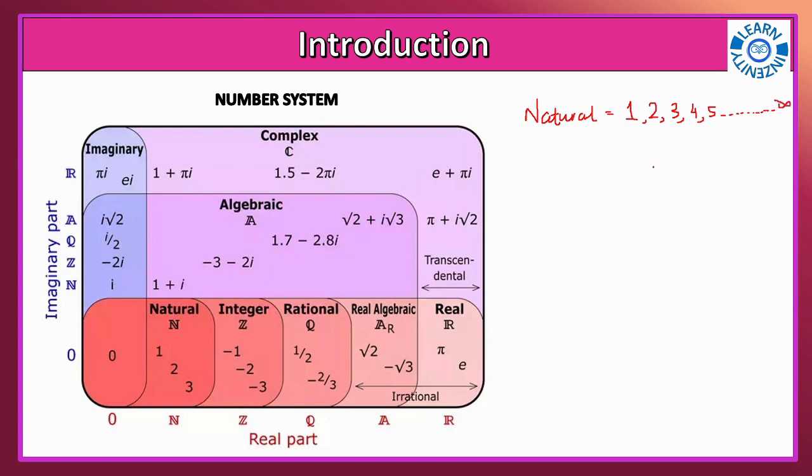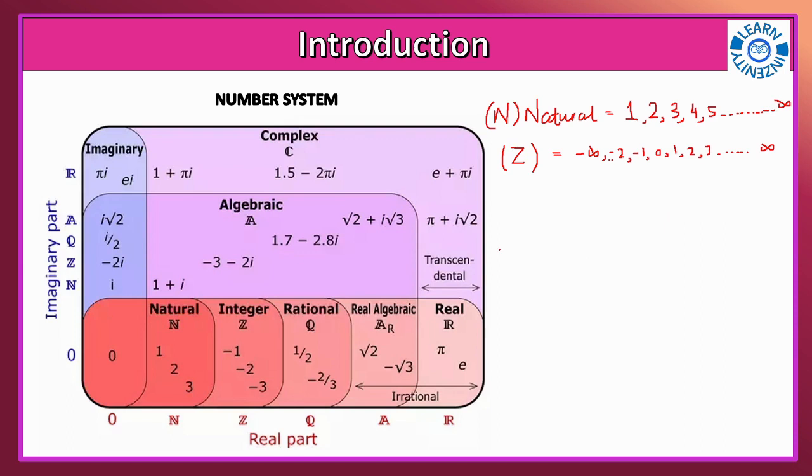So this is the natural number system, which we represent by capital N. Then comes the integer Z. Z includes the negative numbers, the 0 and the positive numbers, such as minus infinity, dot dot dot, minus 2, minus 1, 0, 1, 2, 3, dot dot dot, going to infinity. So this is the integer set.